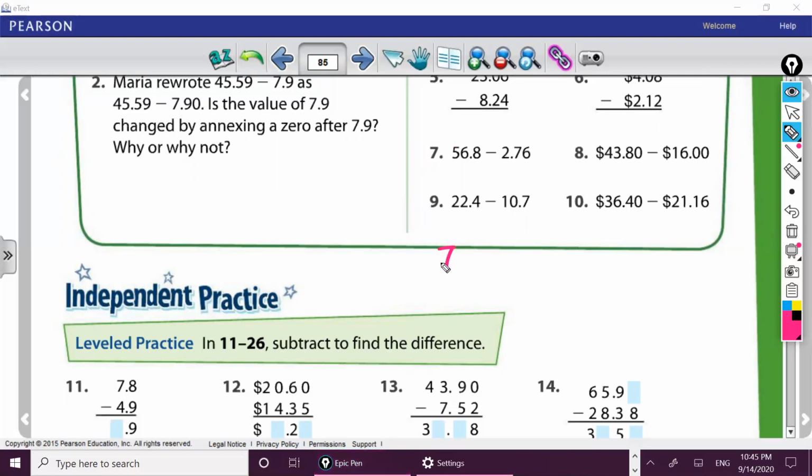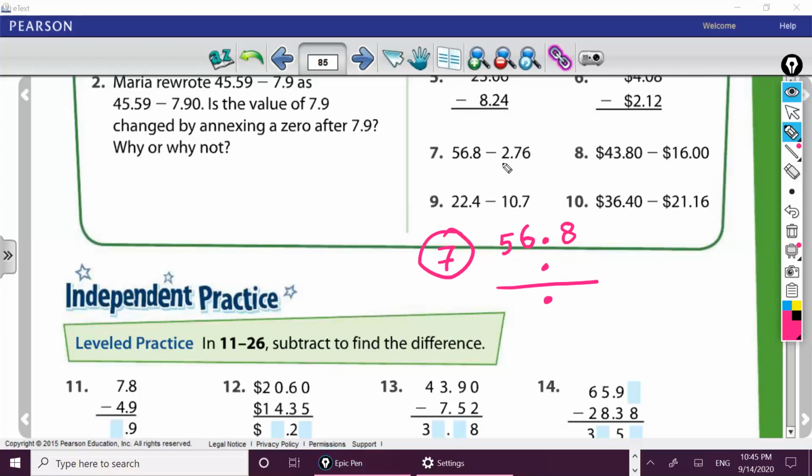Number 7. Line up the decimal point above each other. I have 2 numbers, so I have 2 decimal points. And for the answer, or the difference, start from the first part here, 56. And 8 in the tenths place.